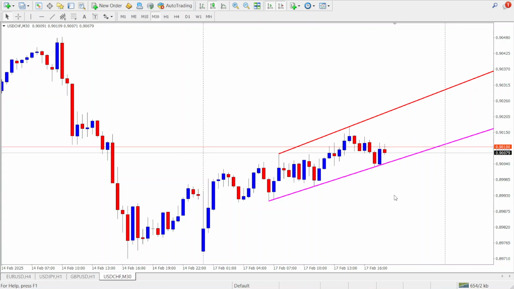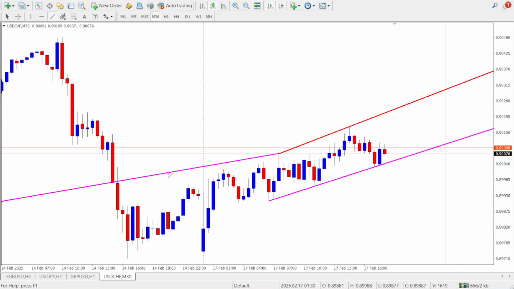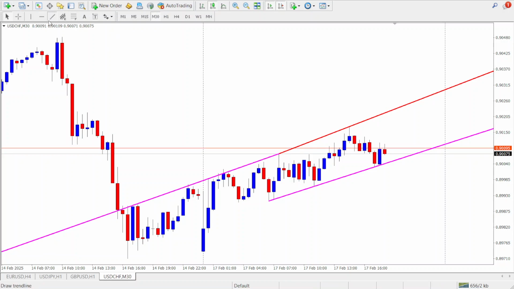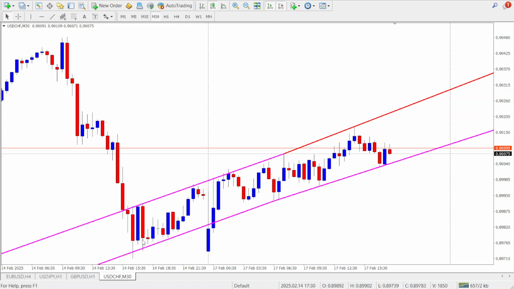Okay, then you'll notice that the indicator highlights key levels where price has historically reacted, which are the dynamic support and resistance levels. The indicator plots the levels based on historical price action, right?